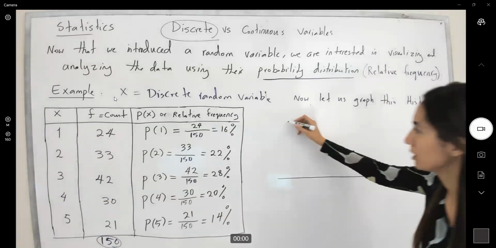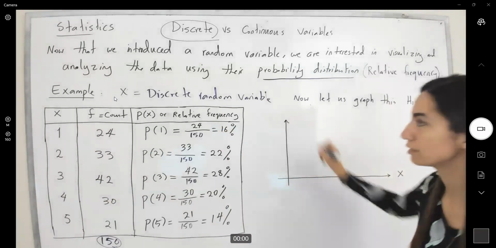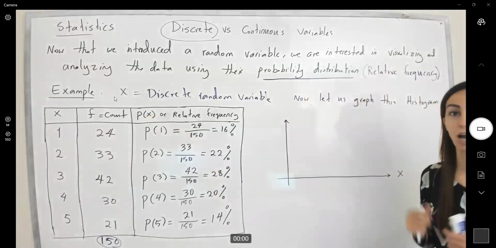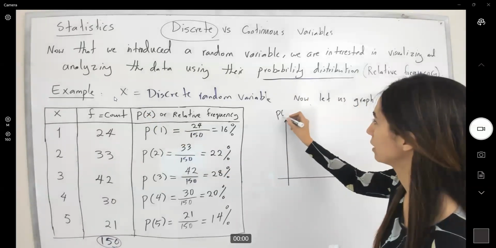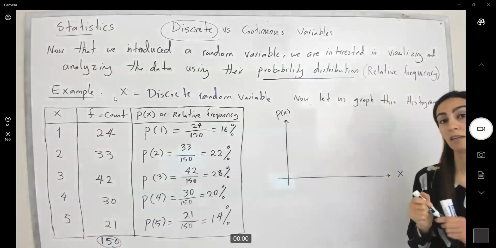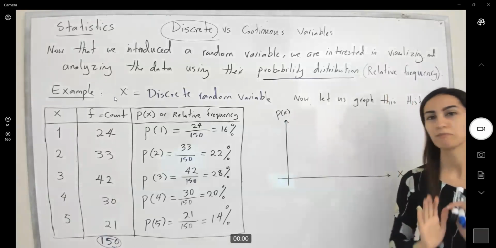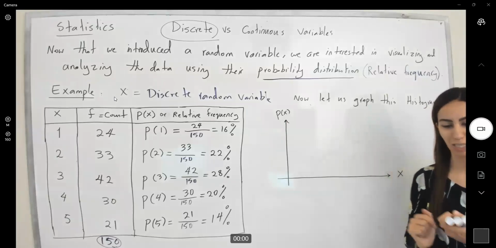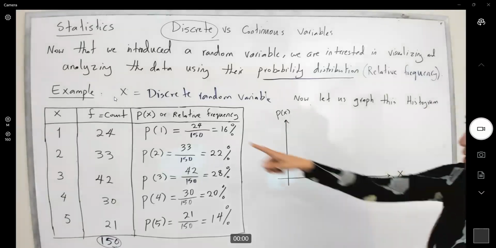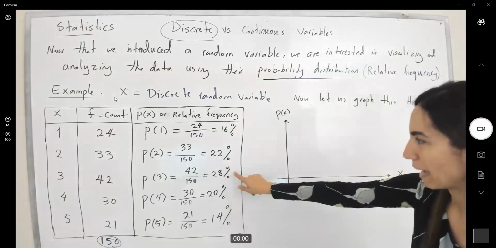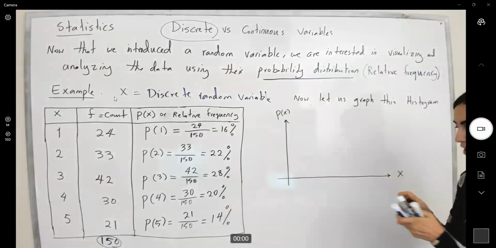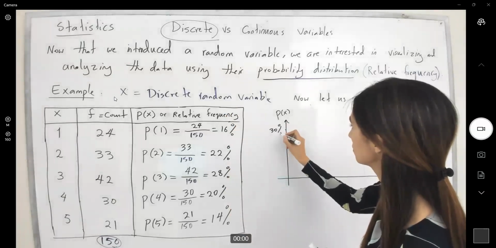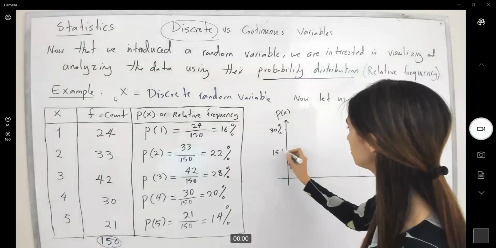On the vertical line, you're going to have your relative frequency, or in this case, just the probability of each x, so P of x. Remember that when you're constructing your histogram, we cannot have any gaps between parts. They must be attached together. So the scale, the maximum is 28%. So let us have 30% as the maximum scale.